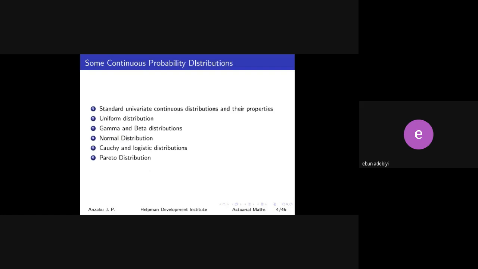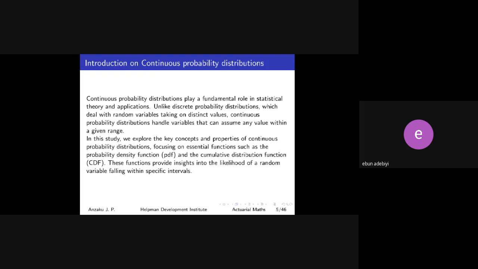So let's continue. Now, a brief introduction on continuous probability distributions. We just introduced a bit when we started the class, but let's give more of the introduction now. Continuous probability distributions play a fundamental role in statistical theory and applications. Unlike the discrete probability distributions, which deal with random variables taking on distinct values, continuous probability distributions handle variables that can assume any value within a given range.